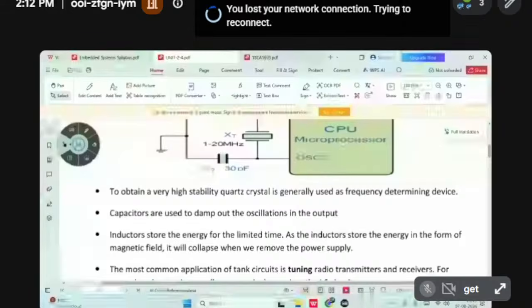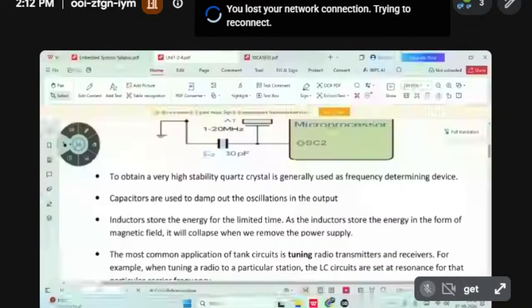Right. So like that, we have another type of device. It may be an inductor. Up to a specified amount of time, I would like to store the current. So with the help of this device, I can store the energy up to a specific amount of time. Right? So this will be an inductor. An inductor stores the energy for a limited time.